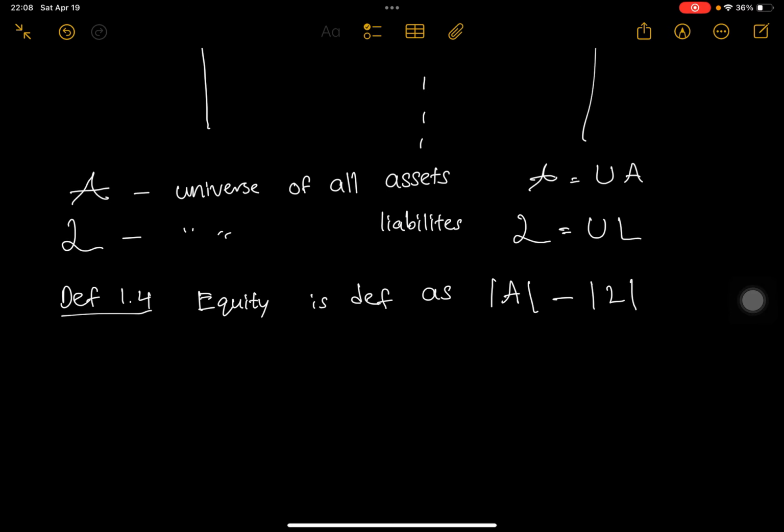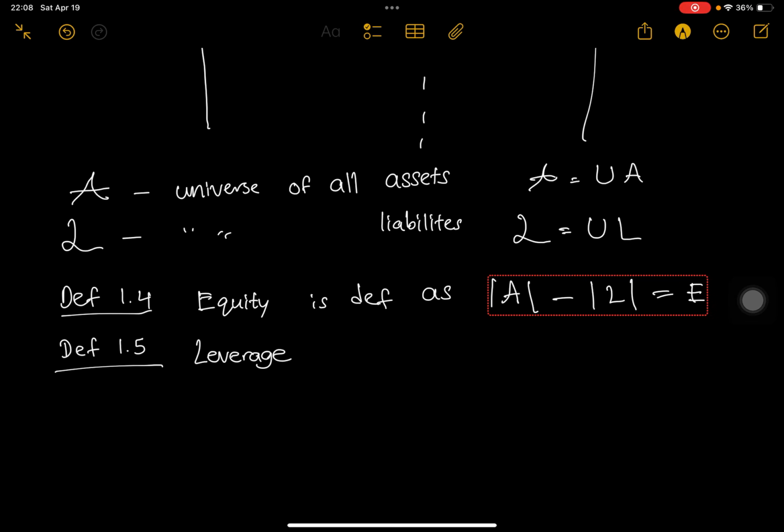And then another definition here, 1.5, leverage. I'll define equity as E. There are many definitions of leverage, but I'll use this one, which is defined as your equity over the size of your liabilities.